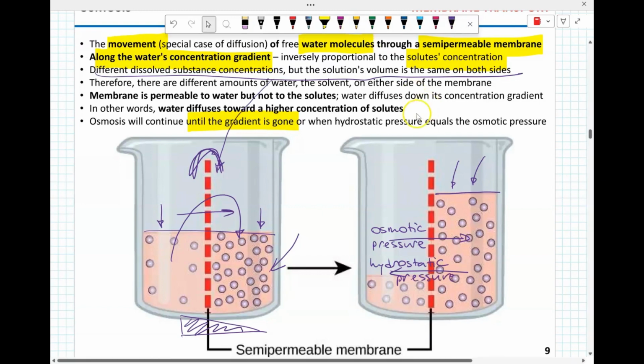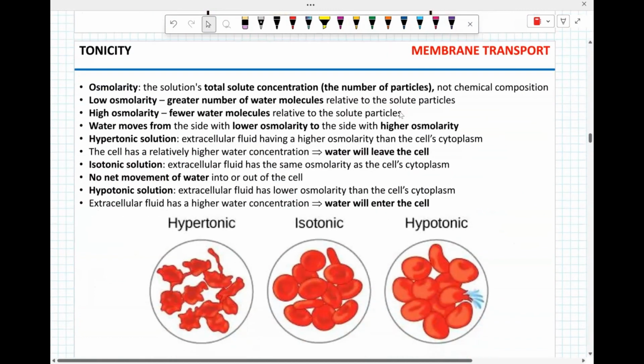Now, with the concept of osmosis comes the concept of tonicity. Tonicity is determined by the osmolarity of the solution. Osmolarity is the total solute concentration. It's important to understand that osmolarity does not depend on the chemical composition of the solutes. So it can be sodium chloride or potassium chloride.